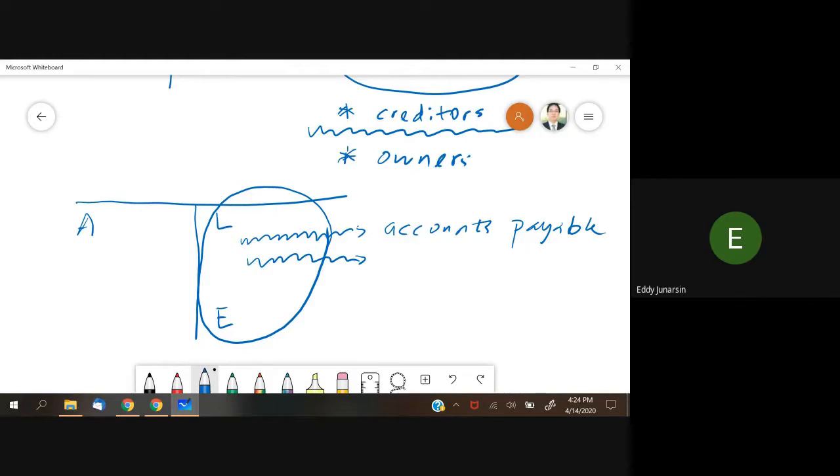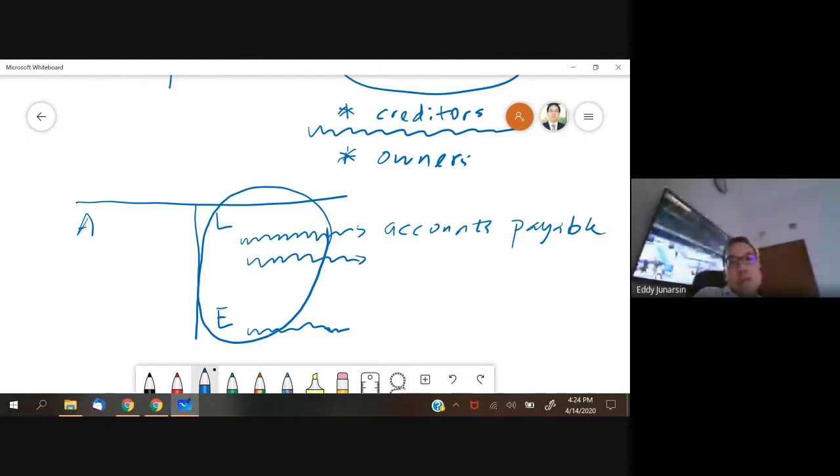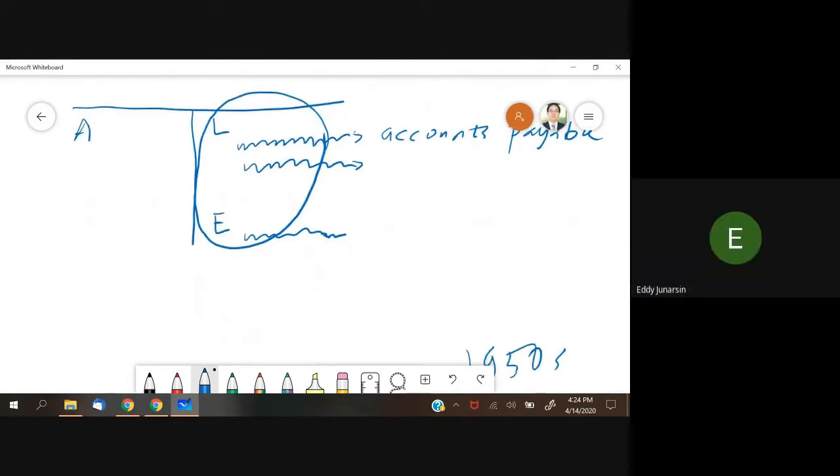And although they allow us to use the money for a longer period of time, on the equity part, we might also have special accounts, right? For example, in certain industries, we might be able to attract contributions, CSR or some donation, right?